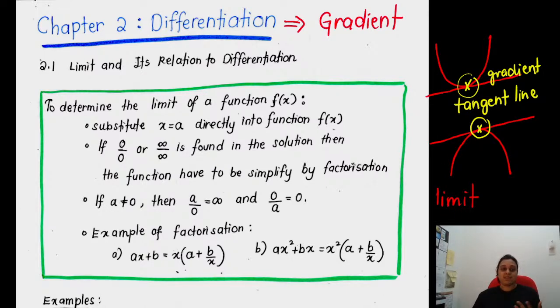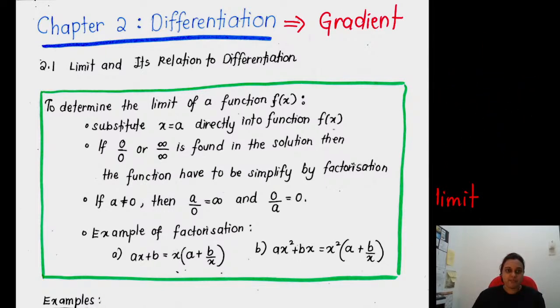Why we are finding the limit for a function is because, let's say I draw the graph here, a smiling graph, and in this smiling graph we draw a tangent line here. Let's say the value of x is 3.